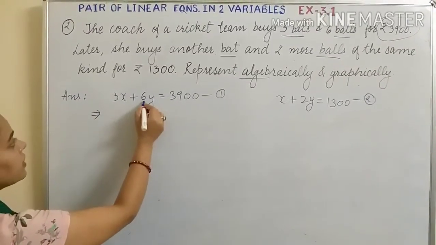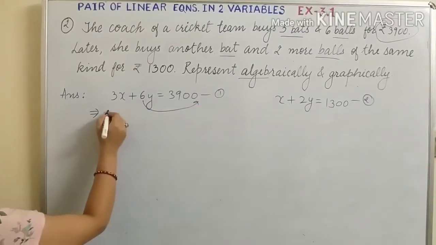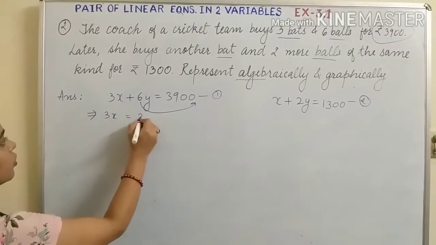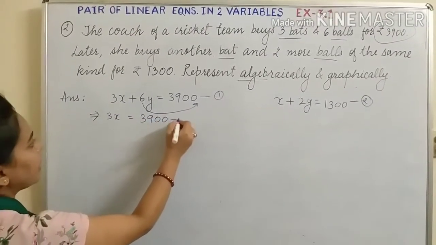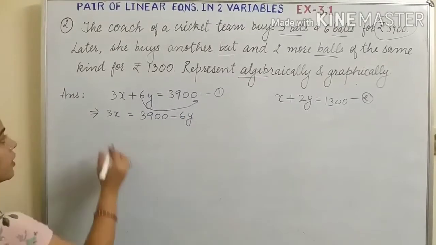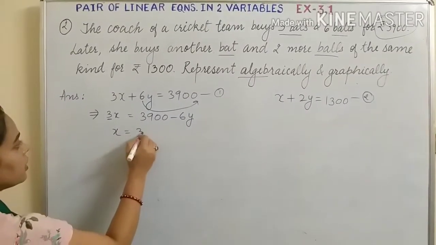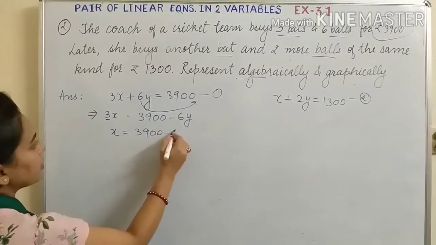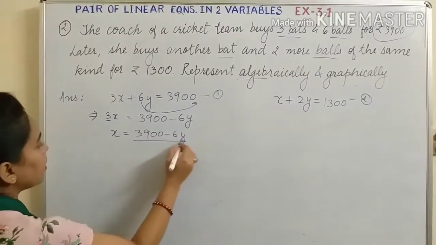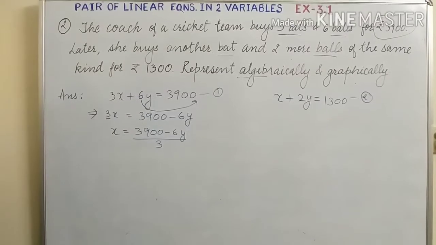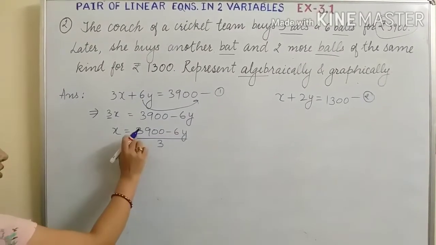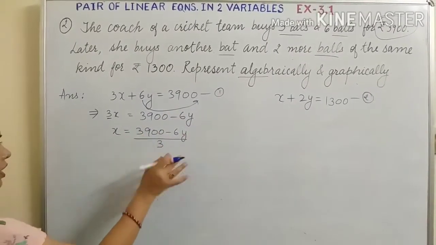So we can take this 6y onto the right side. We get 3x equal to 3900 minus 6y, and this 3 goes down to the denominator and it becomes x equal to (3900 minus 6y) upon 3. And you can see that here is also 3 common, here is also 3 common, we can cut the 3.